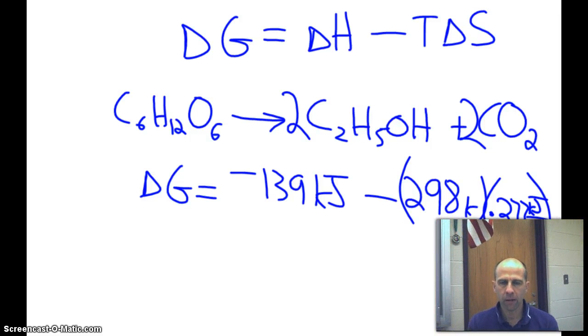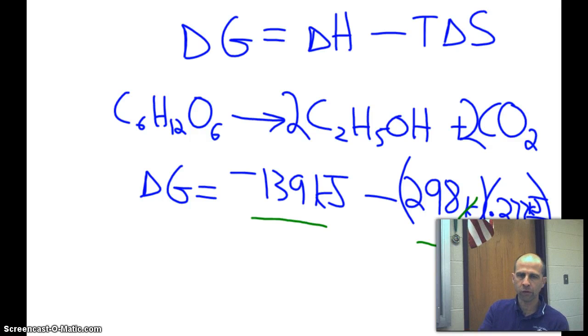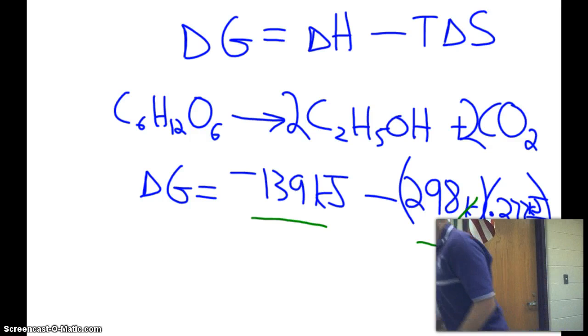Now if you think about that, look at what the units would do. Kelvins would cancel Kelvins, and I would be left with kilojoules. The only way in the world that I can subtract these two numbers, by the time I multiply by 298, is if they're in the same units. This is going to give me a Gibbs energy change in kilojoules, because I chose to put everything in kilojoules.